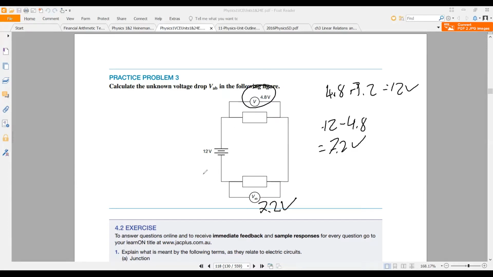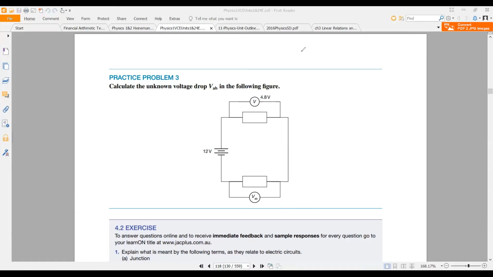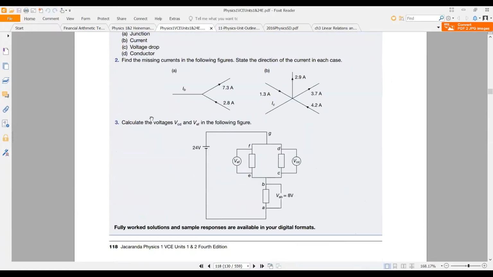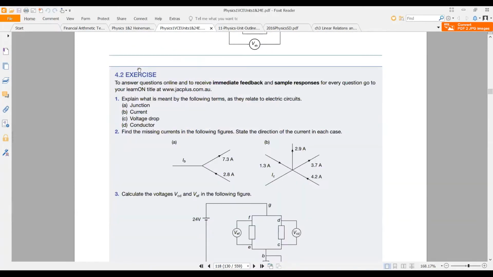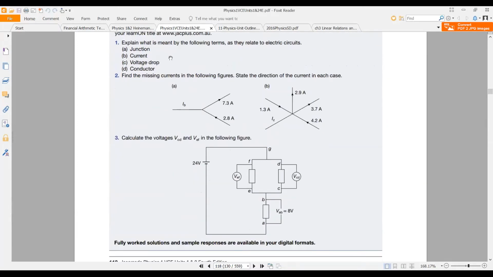It does get a little bit more challenging later on. In question 3, it's a little bit more challenging, but ultimately you're still doing the same stuff. 24 volts. If you know this is 8 volts, then here's one loop.